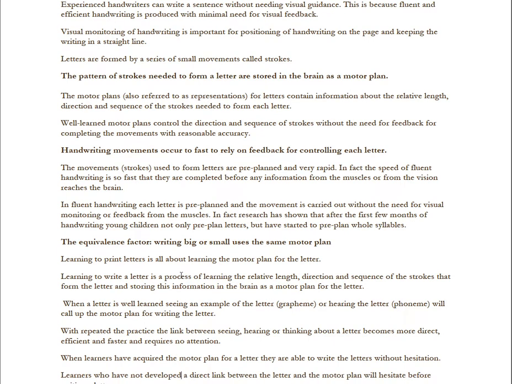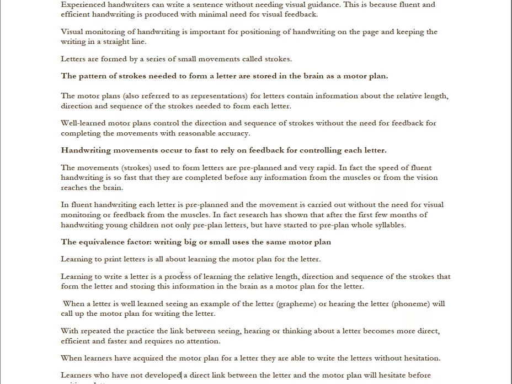Learning to write a letter is a process of learning the relative length, direction and sequence of strokes that form the letter and storing this information in the brain as a motor plan for the letter. When a letter is well learned, seeing an example of the letter, that's a grapheme, or hearing the letter phoneme will call up the motor plan for writing the letter. In other words, when you say A, the motor plan for A will come up.